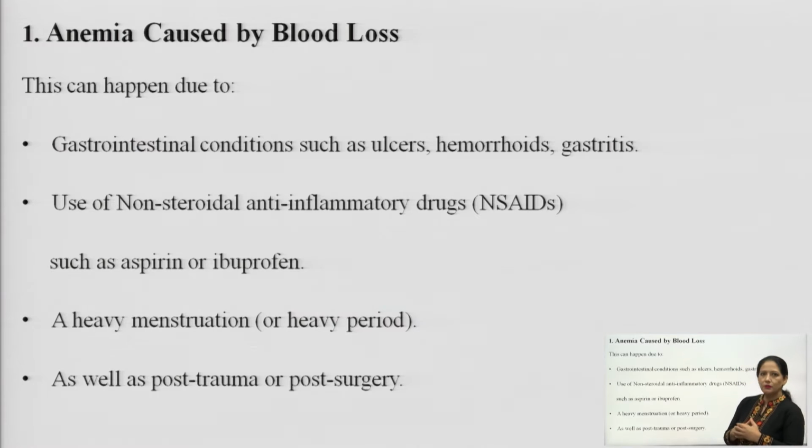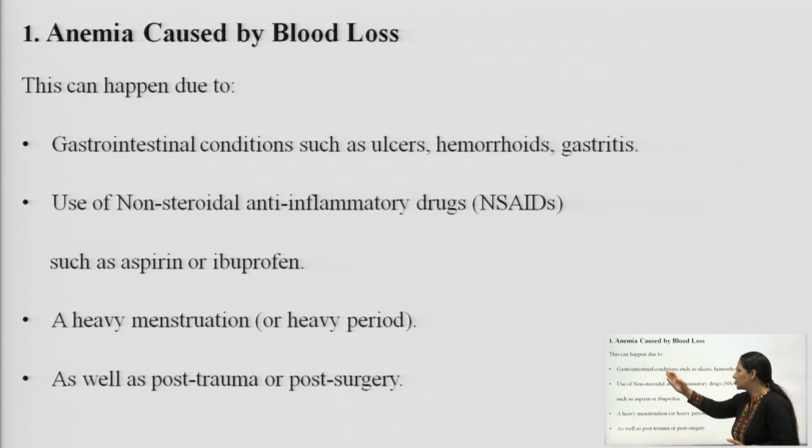Excessive use of NSAIDs or painkillers sometimes causes conditions like ulcers, and an ulcer sometimes causes bleeding, and due to the excessive bleeding the person may suffer from anemia in future due to the excessive blood loss.